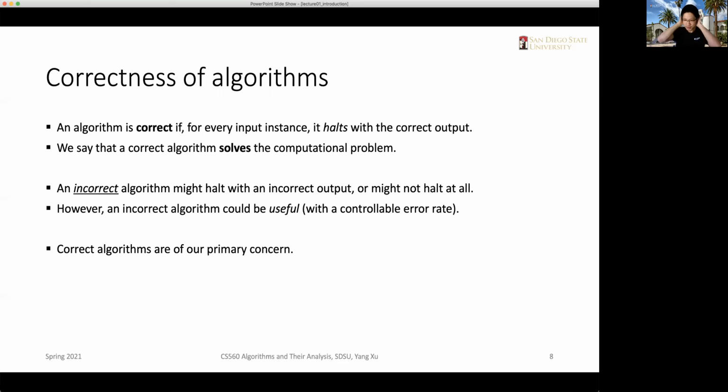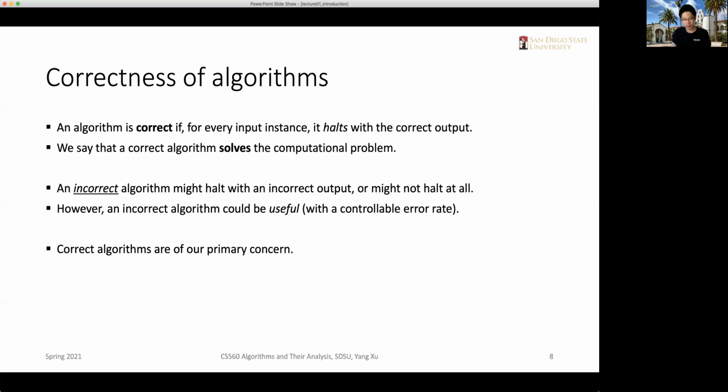But when we are designing greedy algorithms, we don't know whether this is a correct or incorrect algorithm. We will only test the correctness of the algorithm based on examples.